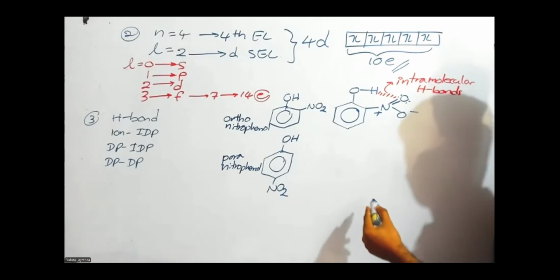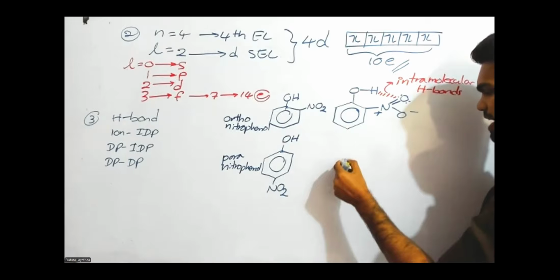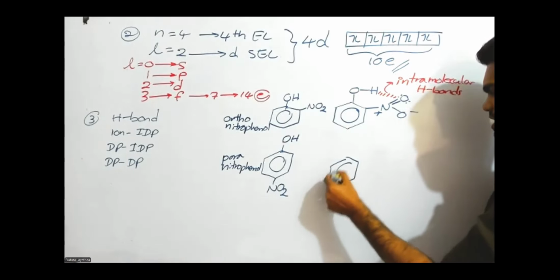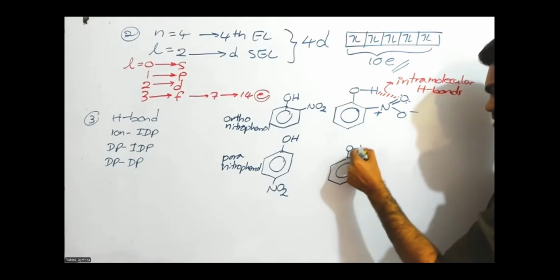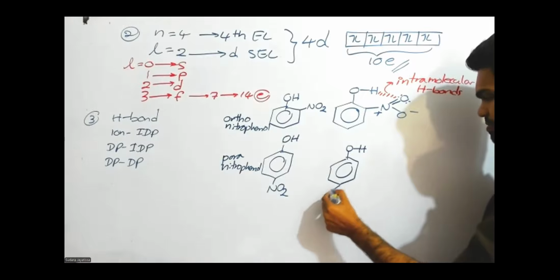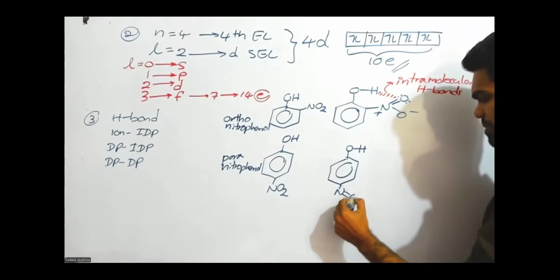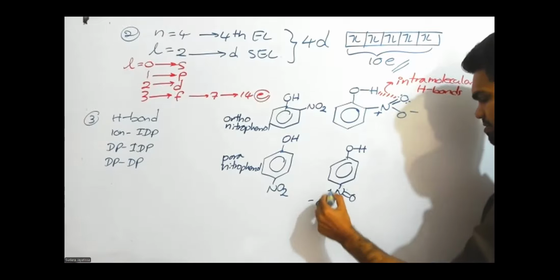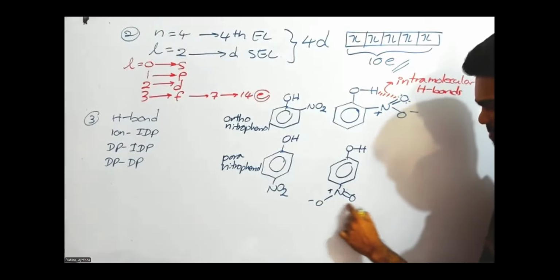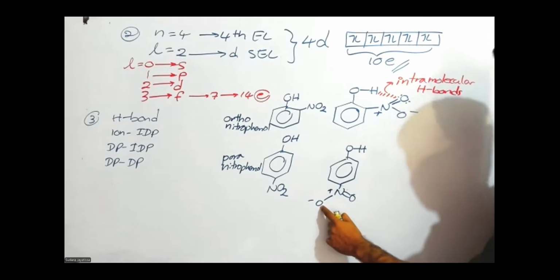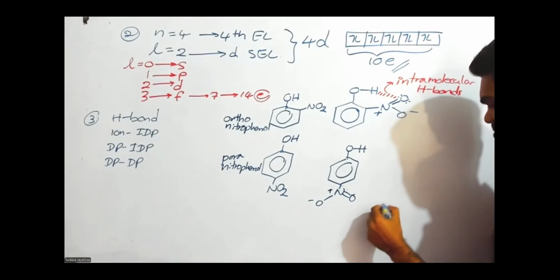And for paranitrophenol, they make H bonds between two molecules mainly. Both oxygens can participate in bonding. Okay, I'm just drawing for one.